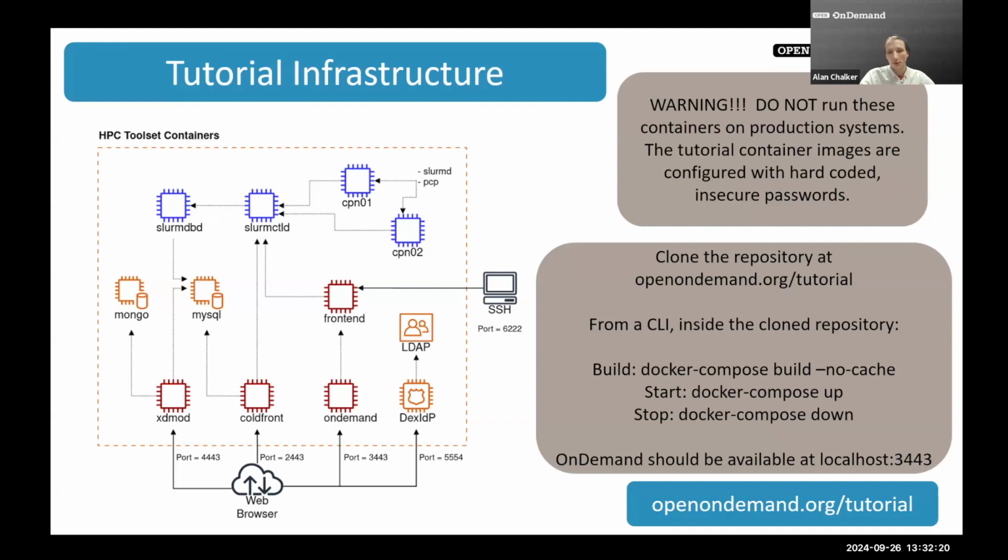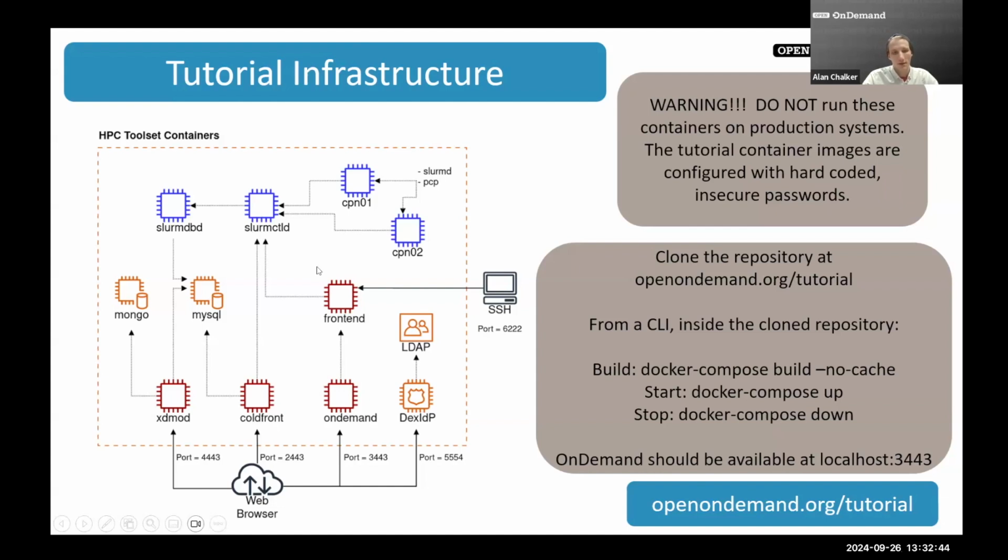It will take a while to download the tutorial. It is pretty large. These are all separate containers. There's on-demand, and then slurmctld, that's the scheduler process. If you have an HPC center, if you work at one, there's some scheduler process running. It might not be Slurm, but in this example it is.